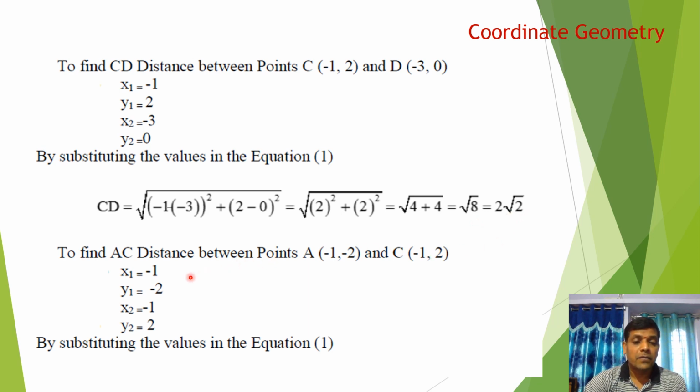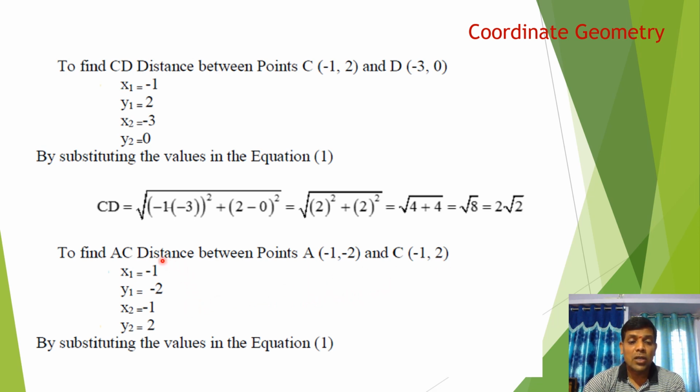Now let us find the distance between A and C. So what are the points of A and C? A is minus 1 comma minus 2 and C is minus 1 comma 2. So write down the coordinates. x1 is equal to minus 1, y1 is equal to minus 2, x2 is equal to minus 1 and y2 is equal to 2.